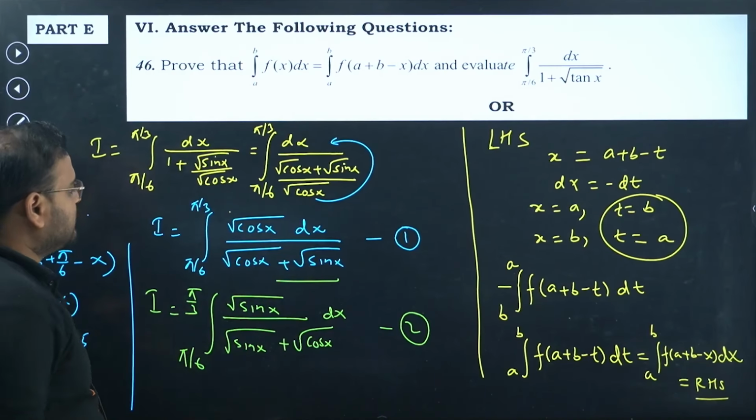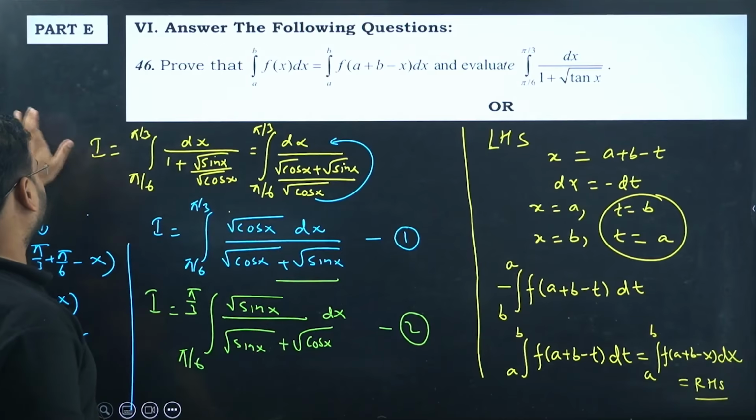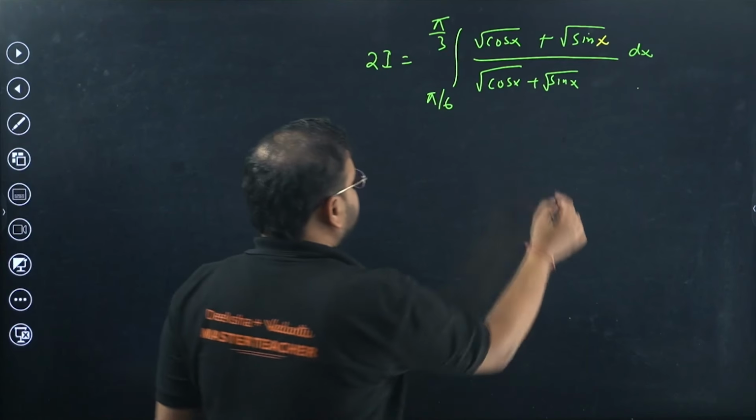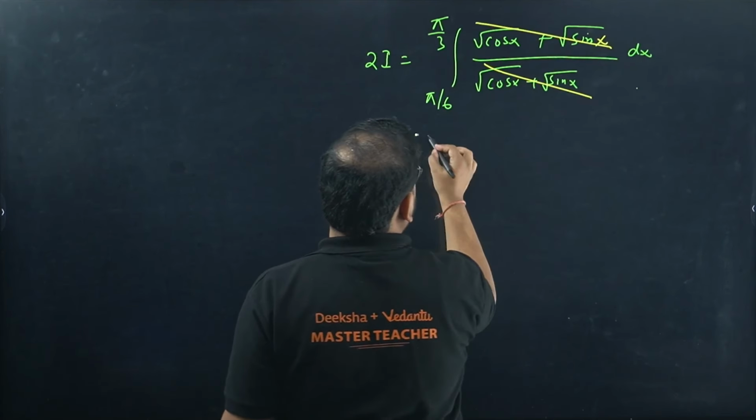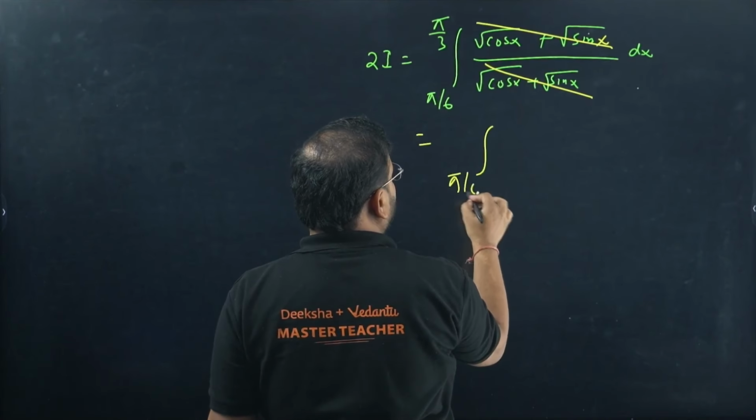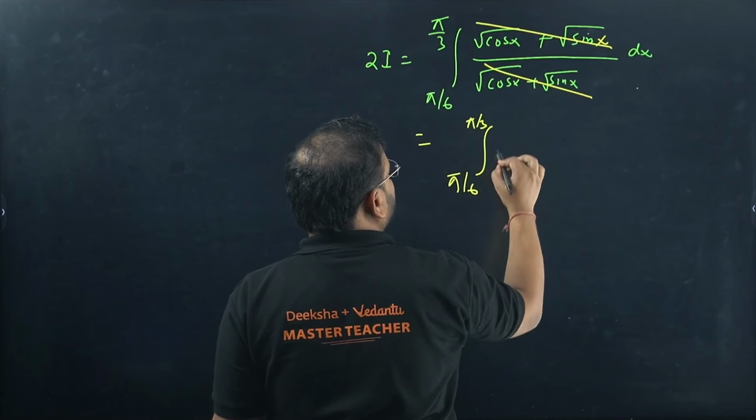The same thing, this and this cancel. Integration from pi by 6 to pi by 3. What is left? Only dx.